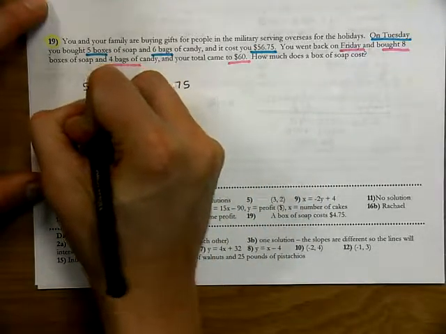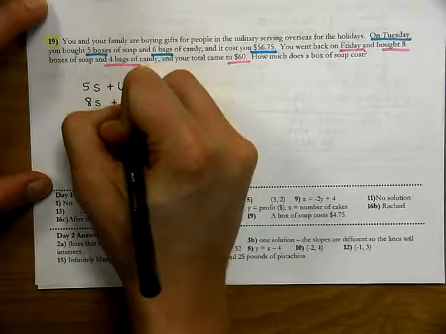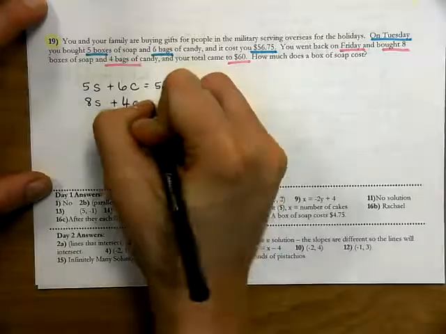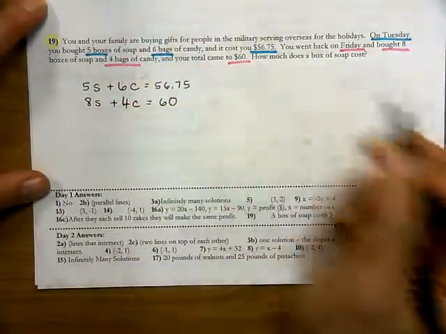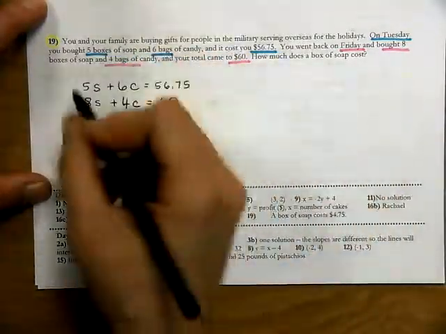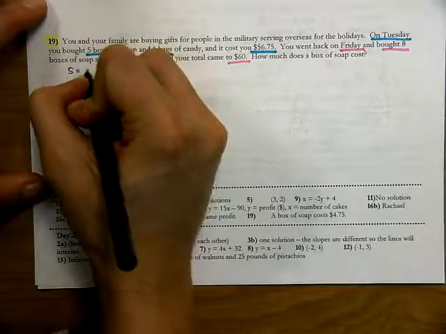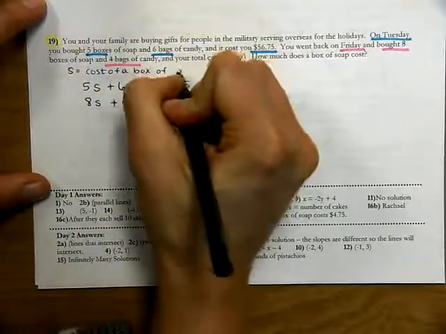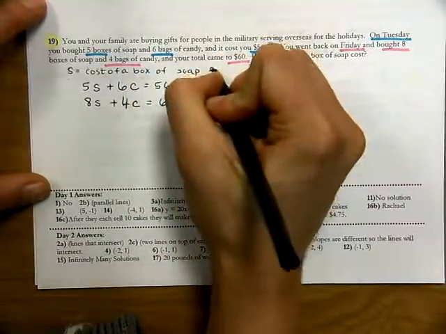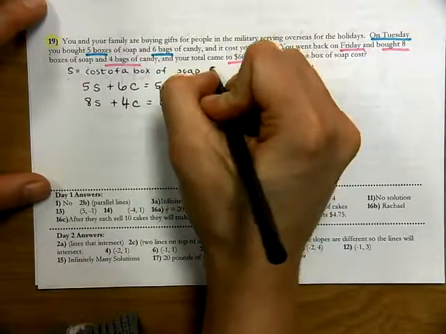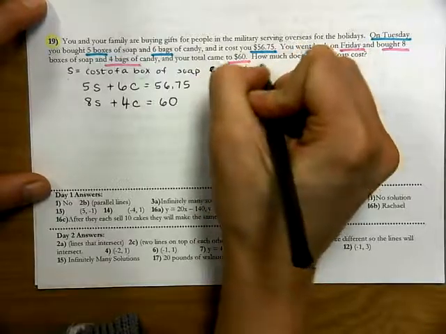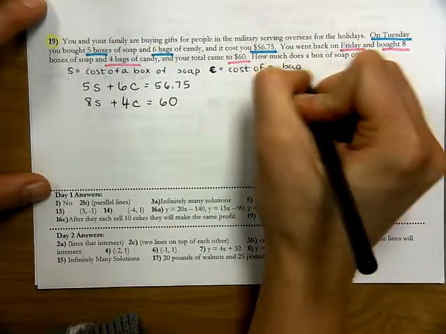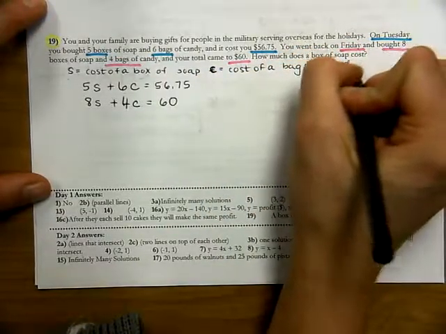On Friday, we had 8 boxes of soap plus 4 bags of candy, and that costs $60. So here's my system. And S equals the cost of a box of soap, and C will equal the cost of a bag of candy.